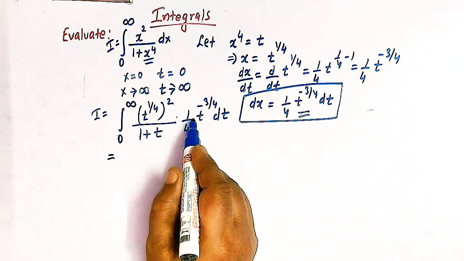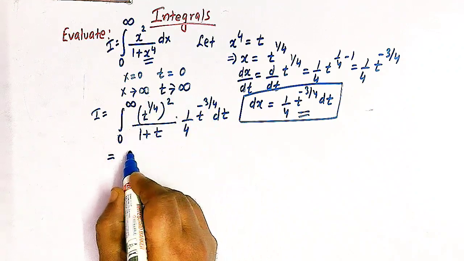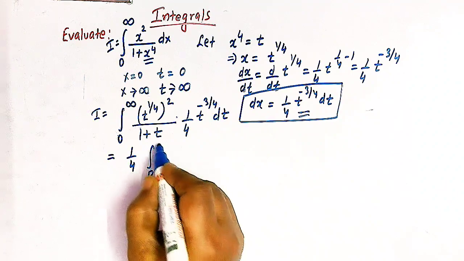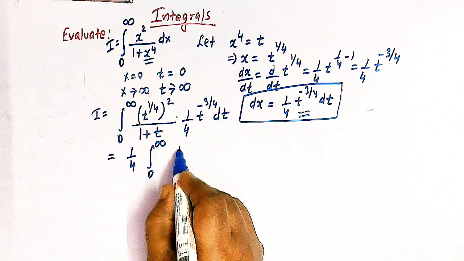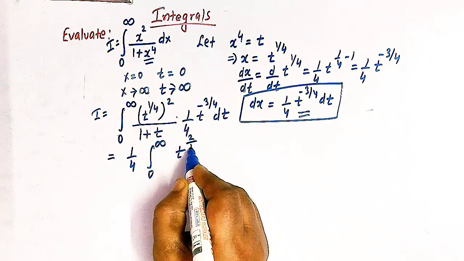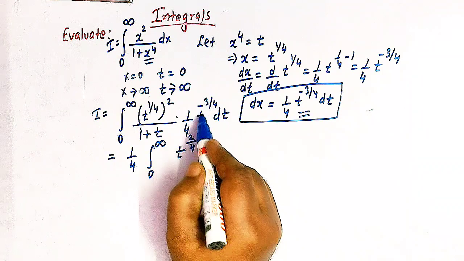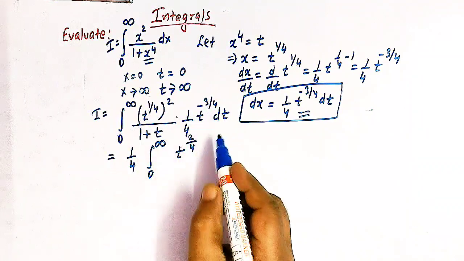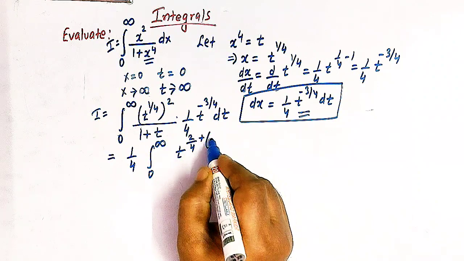So now let us rearrange the terms. We can take 1 by 4 outside the integral. We have 0 to infinity. Then we have here t raised to 2 by 4, and here we have t raised to minus 3 by 4. So the bases are same, so we can add the exponents.